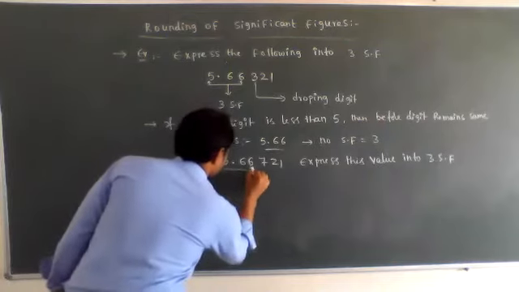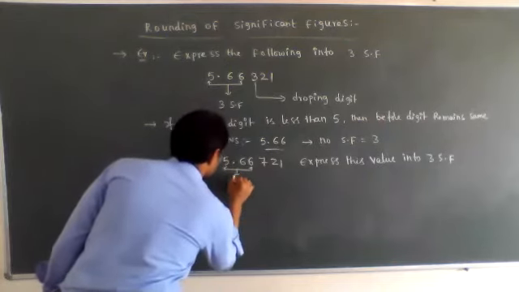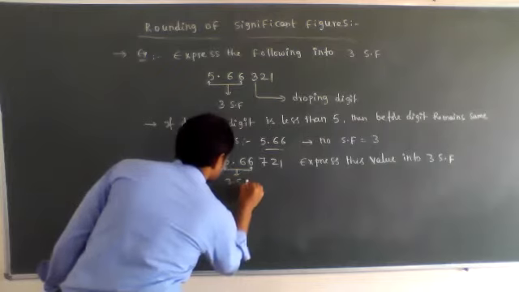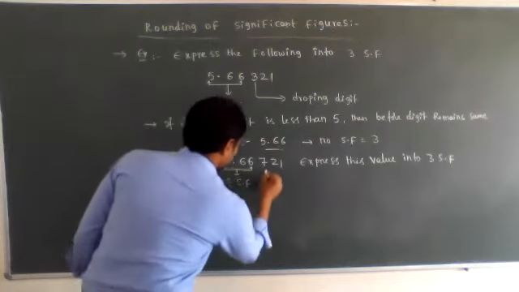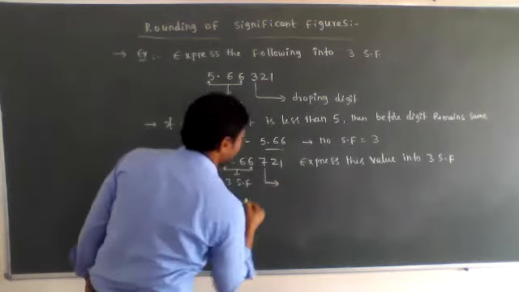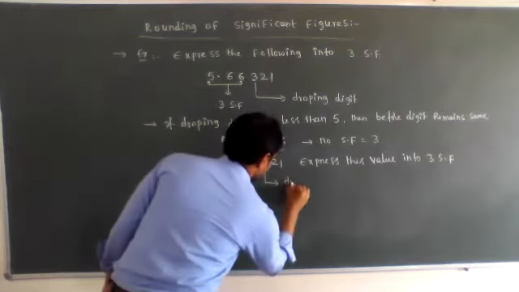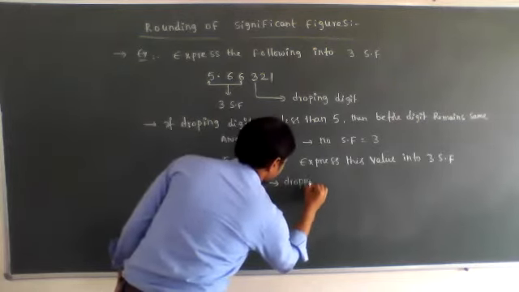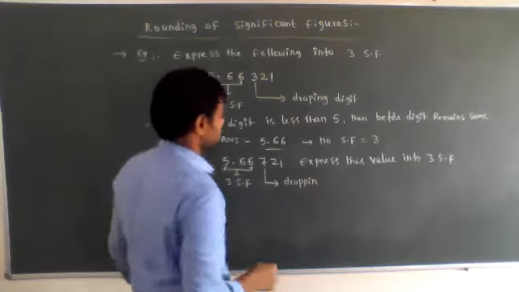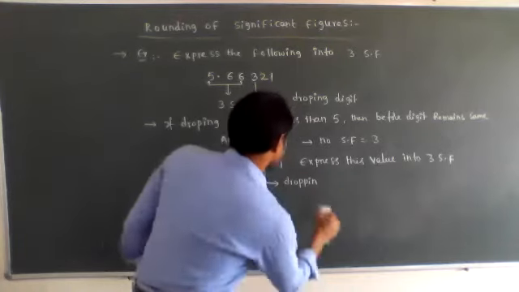See, up to here is 3 significant figures. Now the 7 is the dropping digit.